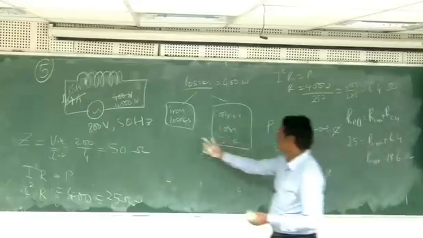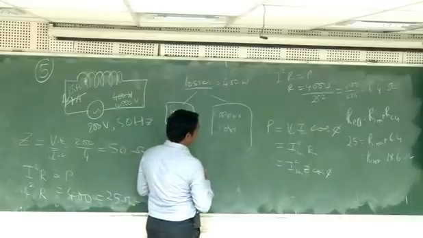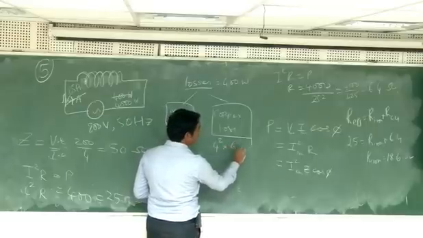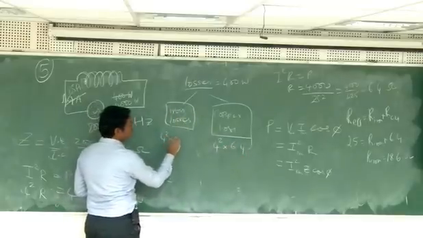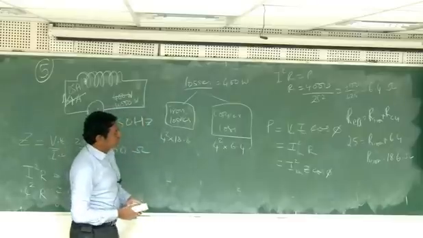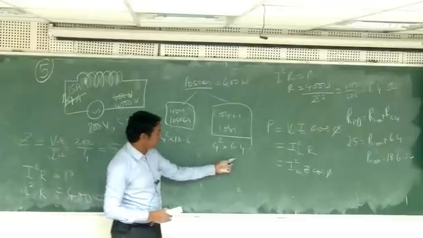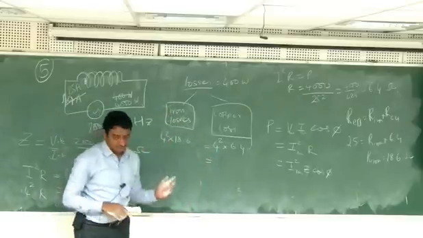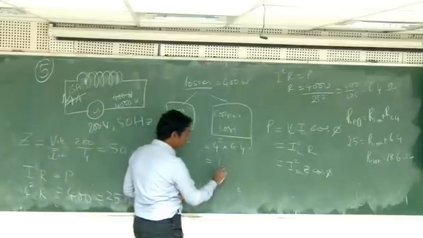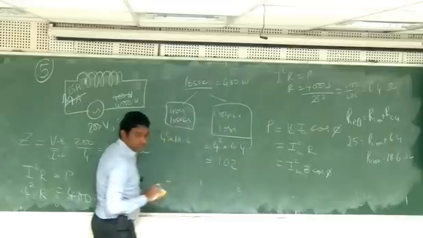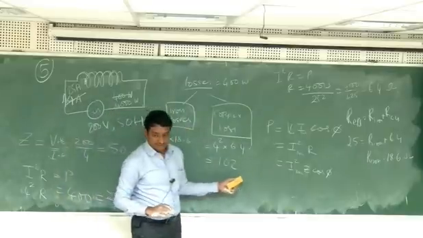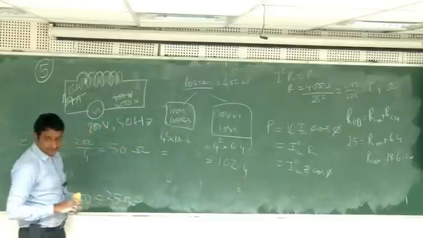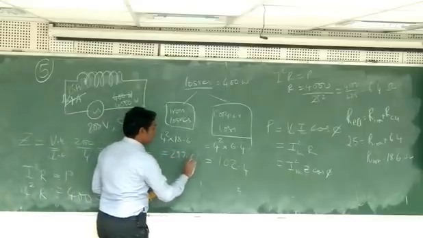So how much is the iron loss and how much is the copper loss? Now I can go back and calculate that. For the current of 4 amperes, 4 square into 6.4, and this one is 4 square into 18.6. If you calculate, this one is 102.4, and 18.6 into 16 is 297.6.